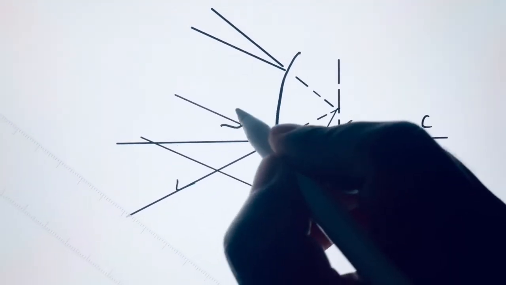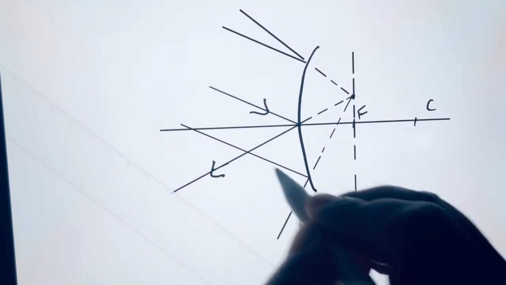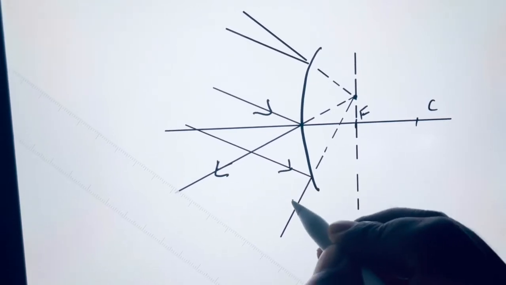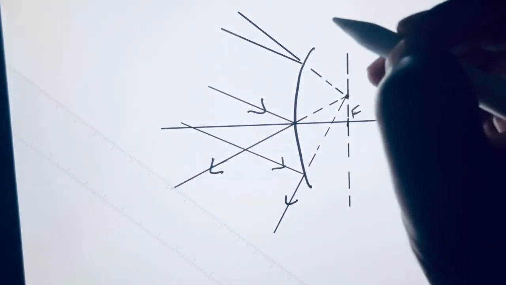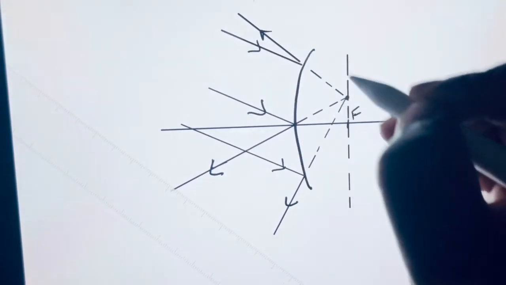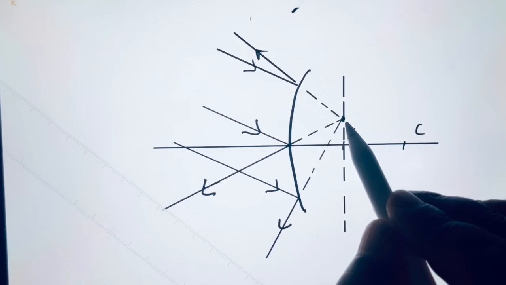So this ray of light was reflected and appeared to come from here. This ray of light is reflected so as to appear to come from here, and this ray of light also is reflected. So this is where the image, the virtual image, is formed.